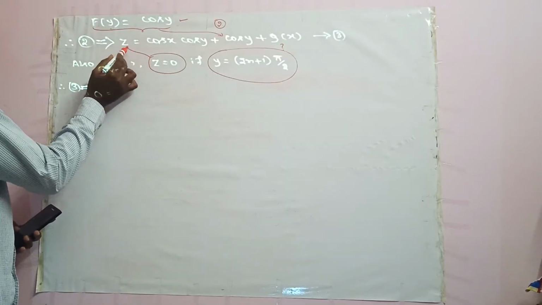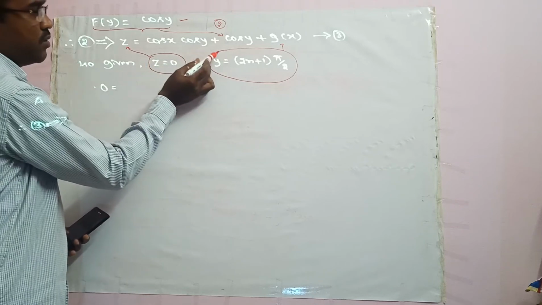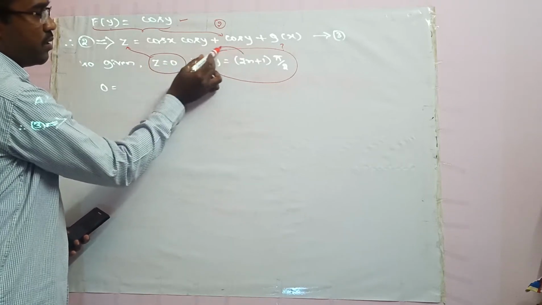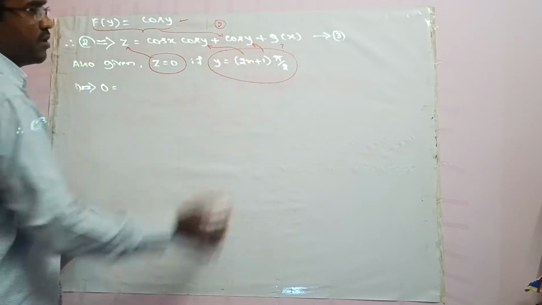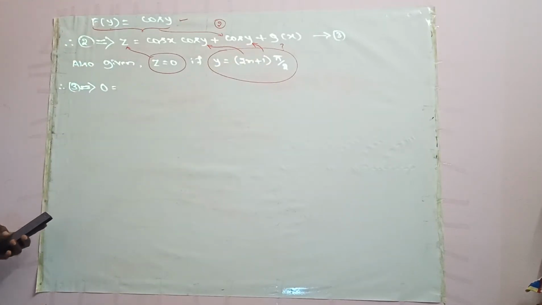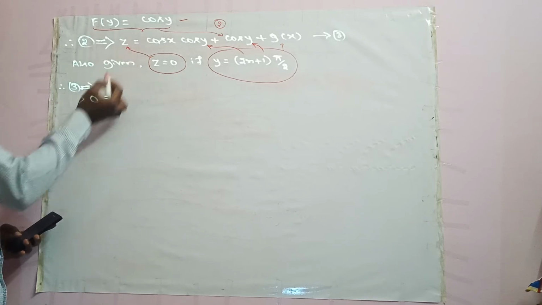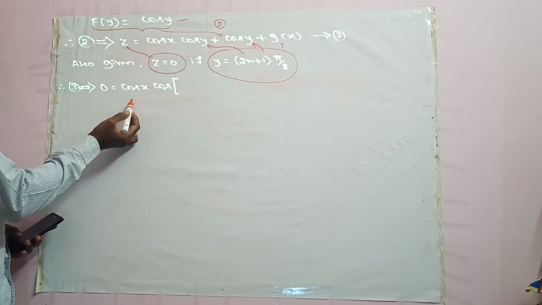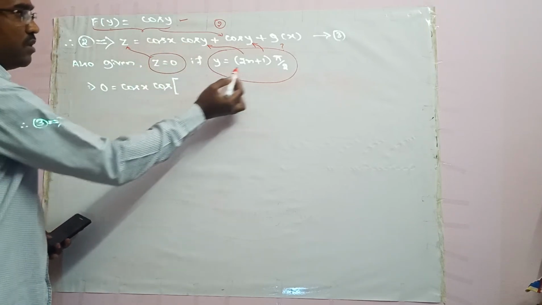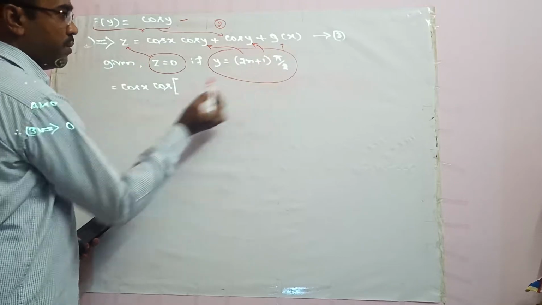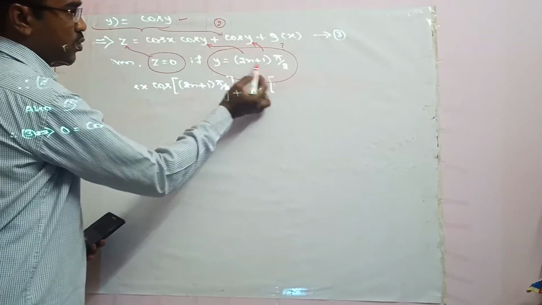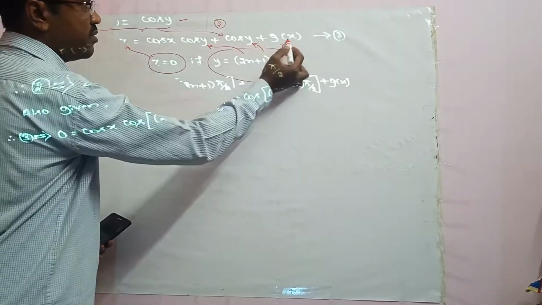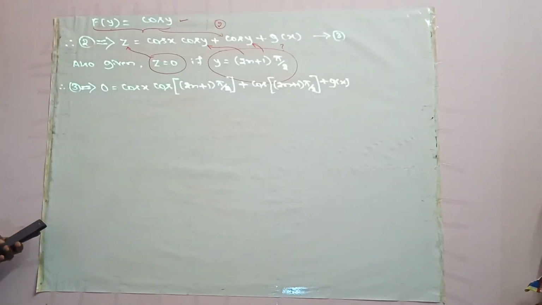Replace z with 0 and replace y by odd multiples of pi by 2. So 0 equals cos x, cos of (2n plus 1) pi by 2, plus cos of again (2n plus 1) pi by 2, plus g of x as it is.